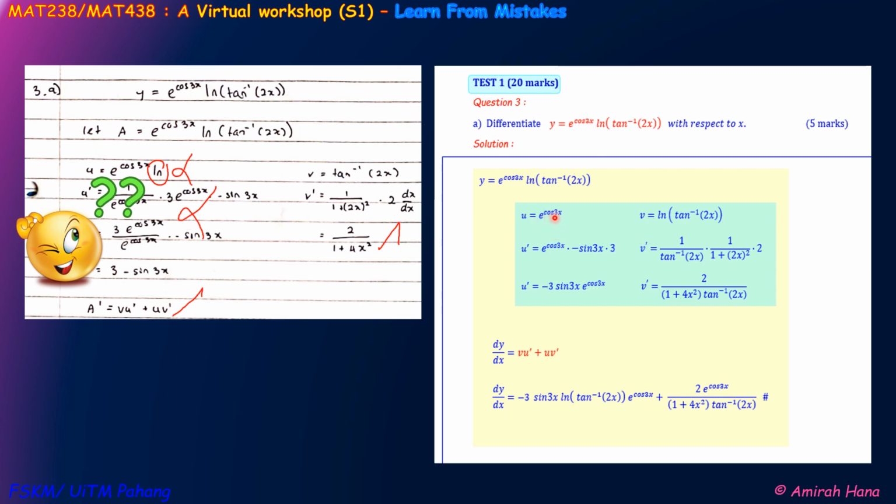So e to the power of cos 3x hanya darab dengan atas saja. Yang over 1 ni darab dengan yang bawah ni. So after we multiply, we have 2 e to the power of cos 3x over 1 plus 4x squared inverse tangent 2x. Okay, this is the final answer untuk soalan yang ni. Alright?